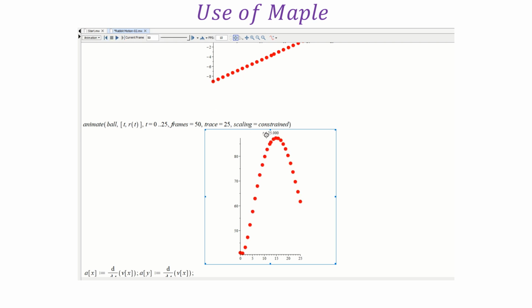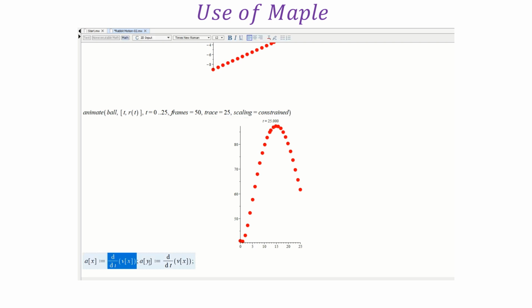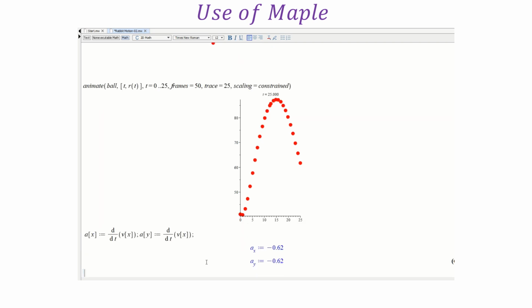This exhibits the maximum far off position around some 16-17 seconds. Now acceleration you can find by differentiating the respective velocities. And here you will be able to see both values appearing to be constant.